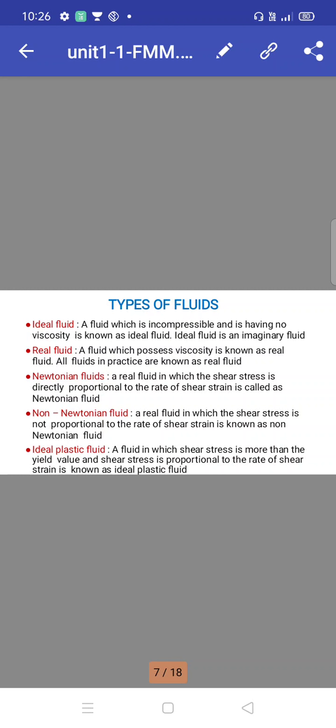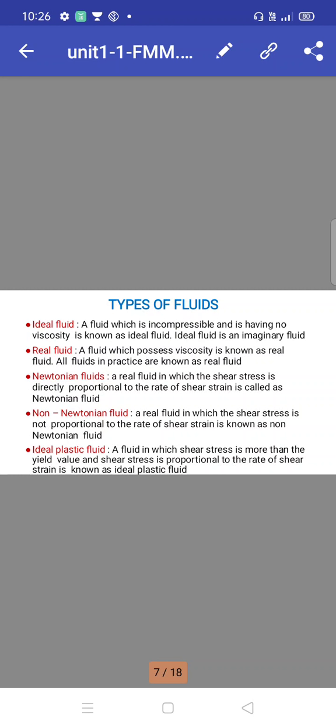Then ideal plastic fluid. It is a fluid in which the shear stress is more than the yield value. What is that yield value? Yield value means where it starts.